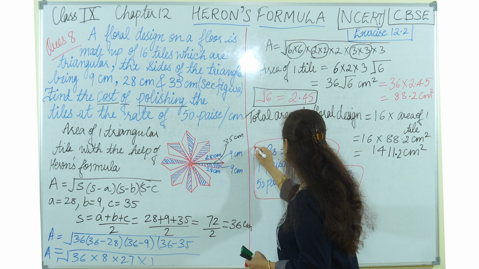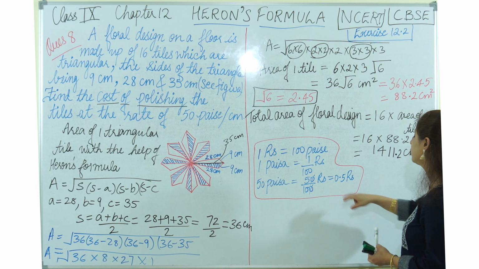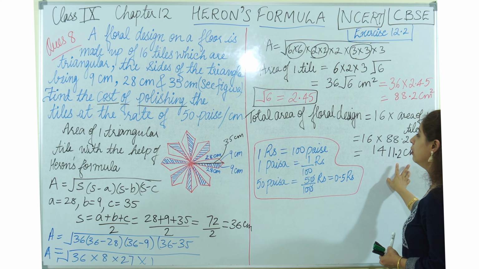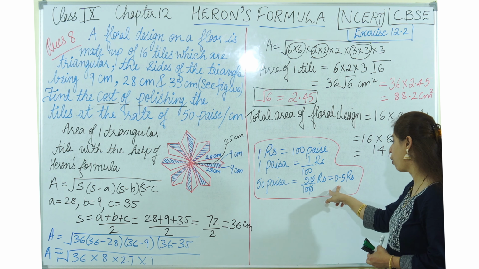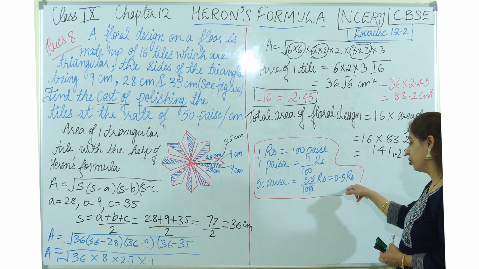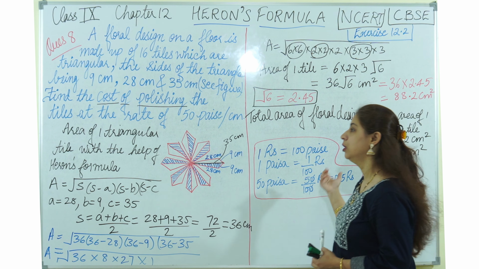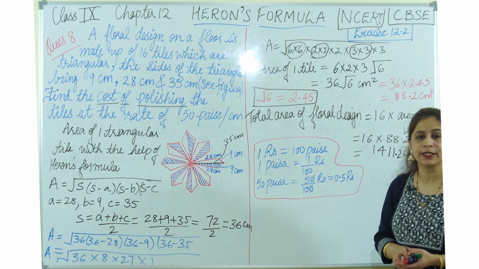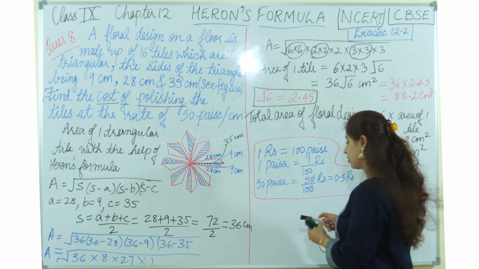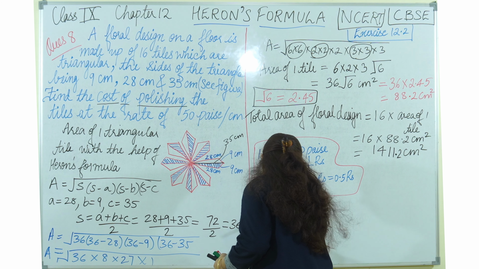So we will be multiplying with 0.5. The whole area should be multiplied with the cost of 0.5 rupees and we will get our answer. So let us write down the cost of polishing.